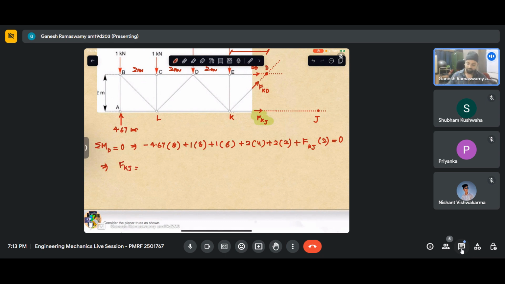Let's do that. So it comes out to be 5.68. So this force comes out to be 5.68, which is positive. Positive does not imply tension.